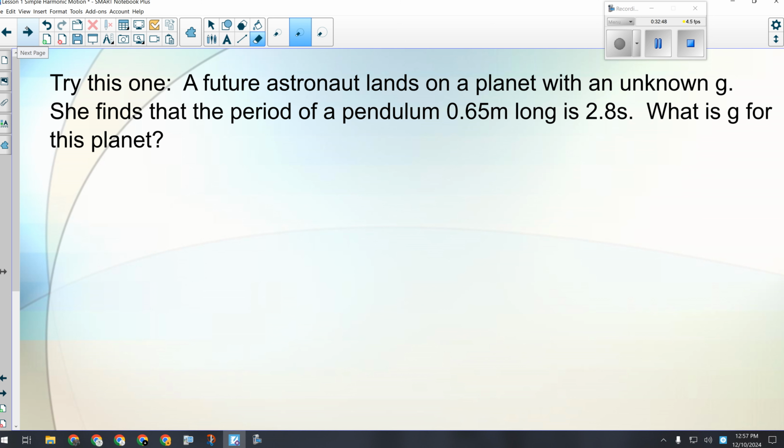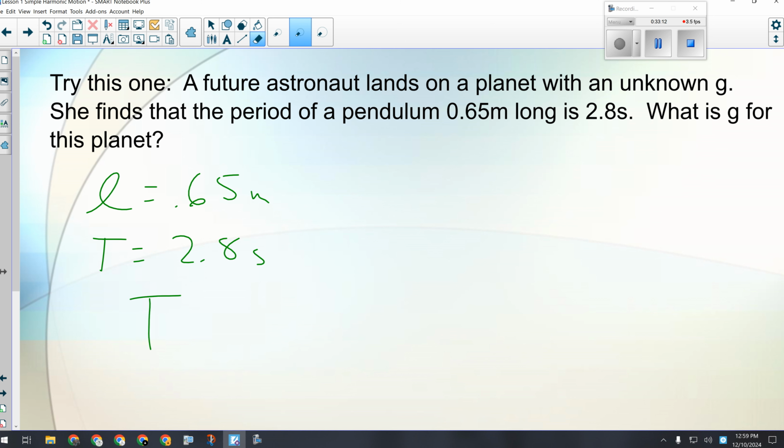See if you can solve for what G would be on a planet where a 0.65 meter long pendulum has a period of 2.8 seconds. Our givens are, we know the length, 0.65 meters, and the period, 2.8 seconds.